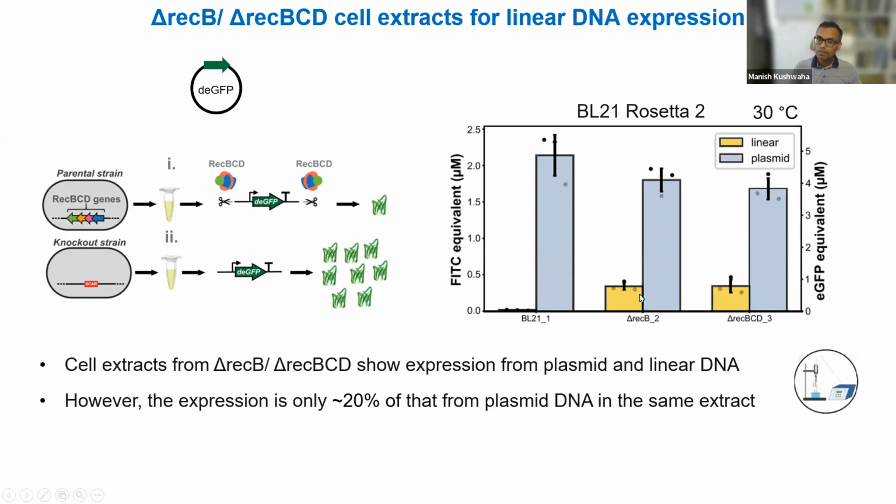The problem was that this GFP expression was not very high when you compared it to the plasmid DNA. Because we were interested in optimizing this to get the best expression, we wanted to compare to plasmid DNA. And we saw only about 20% of the expression from plasmid DNA in both the delta RECB and the delta RECBCD extracts.